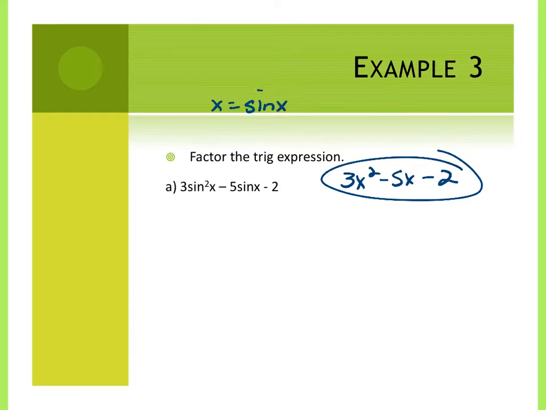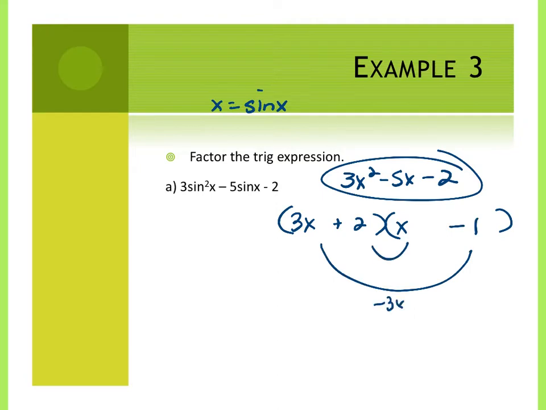And at the end, we can pull it back in. So if I had given you 3x squared minus 5x minus 2, you would factor it, right? Factors of 3x, which are 3x and x. And then factors of negative 2, which can either be positive 2, negative 1. I test that out. I get negative 3x plus 2x, which is not negative 5x. So then I try to switch these.